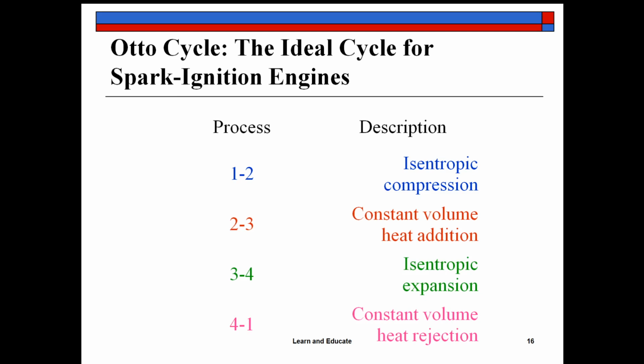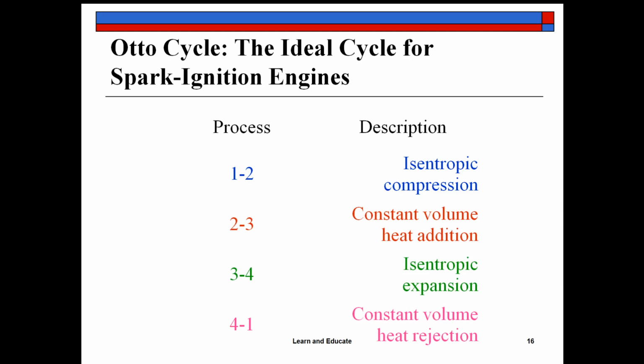The ignition is begun with a spark produced by a spark plug. Third process is the isentropic expansion, again reversible and adiabatic expansion, volume increases. Then finally the constant volume heat rejection. Whatever heat is generated as a result of the combustion will be rejected to the atmosphere through proper channels.